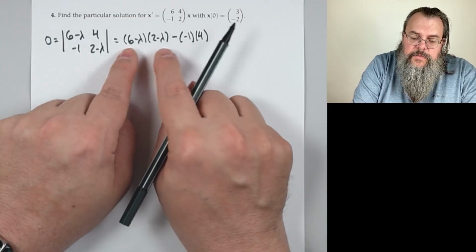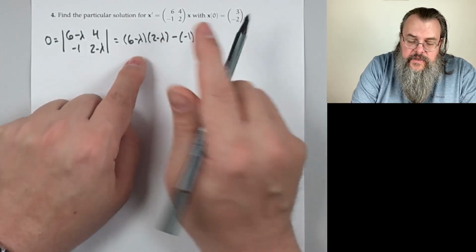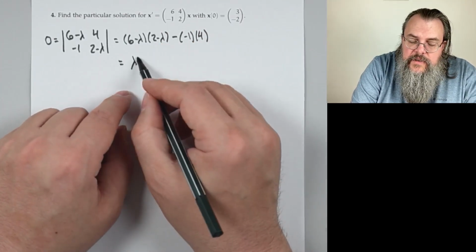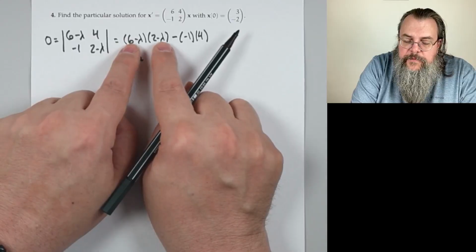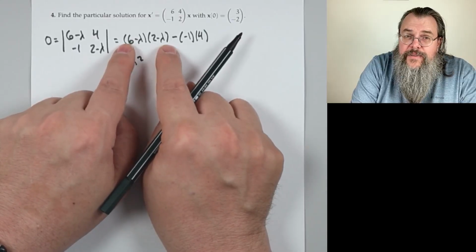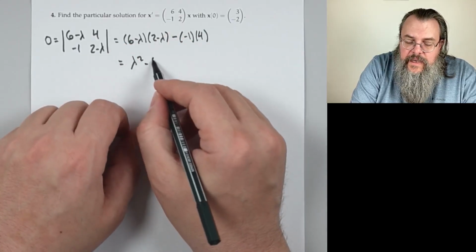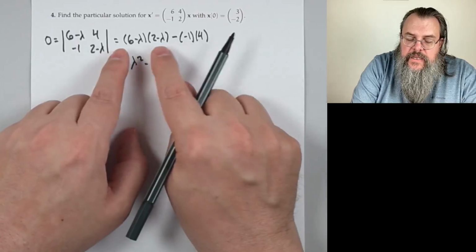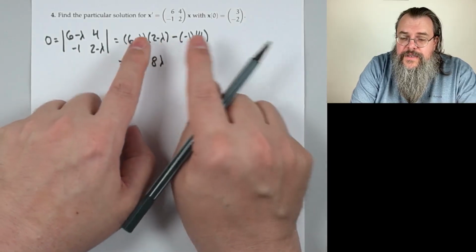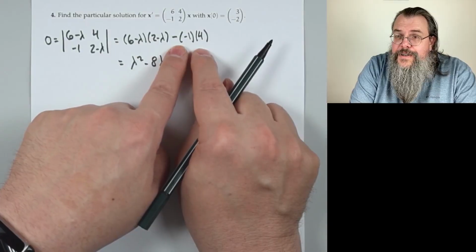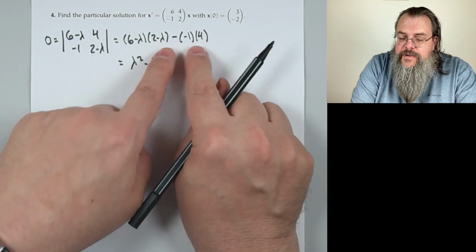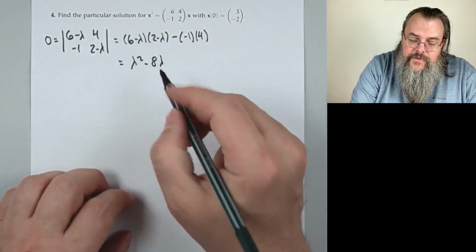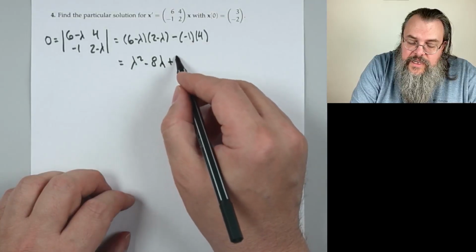Well, this will become lambda squared. We have minus 6 lambda minus 2 lambda. Minus 6 minus 2 makes minus 8 lambda. Then we have 12 plus 4. Yes, see, 6 times 2 is 12. Minus minus makes plus. So 12 plus 4 makes 16.